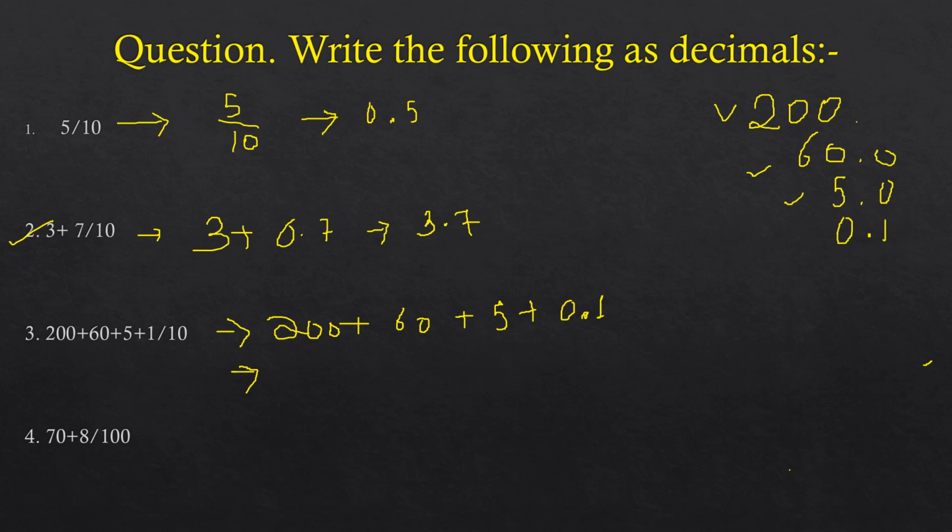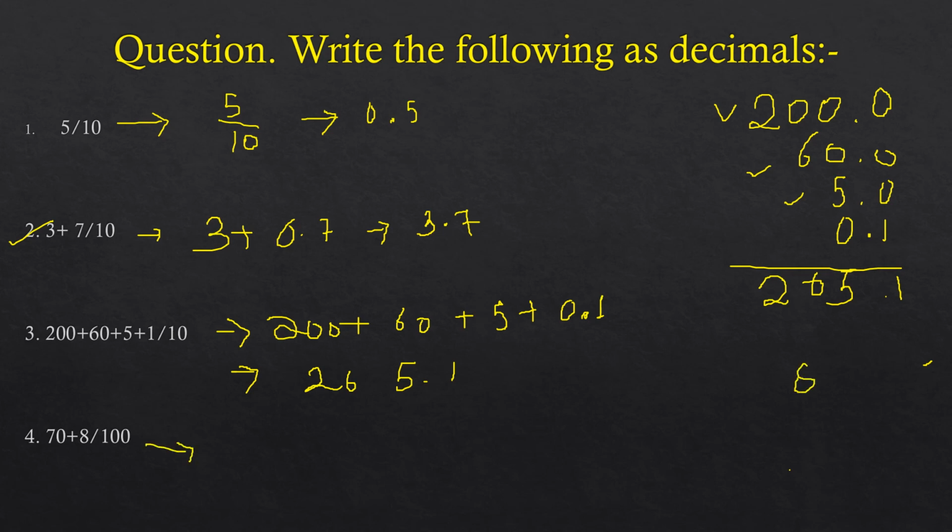The 0 will not change their value, therefore this will be equal to 265.1 simply.